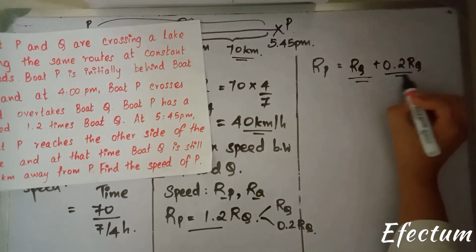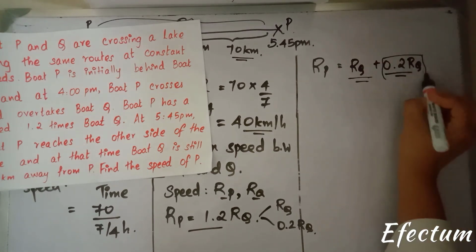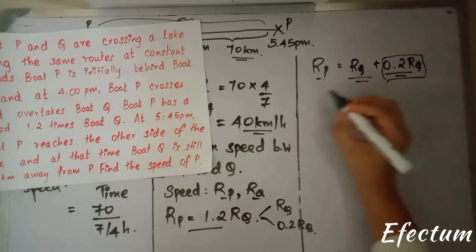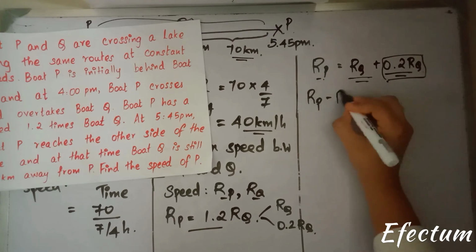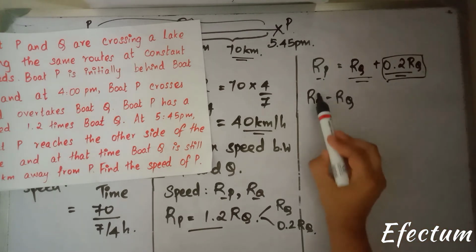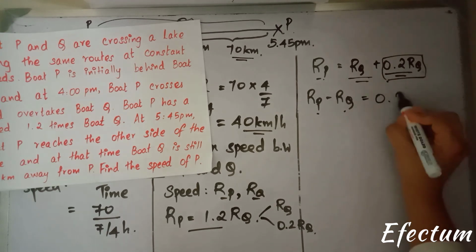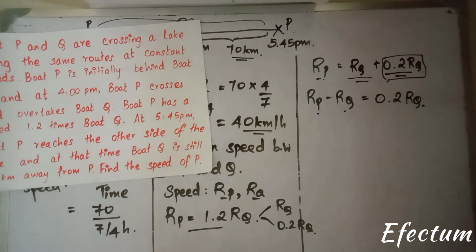So this bit is actually the difference in speed between P and Q. Difference in speed is RP, speed of P, minus speed of Q, and that is equal to 0.2 RQ.